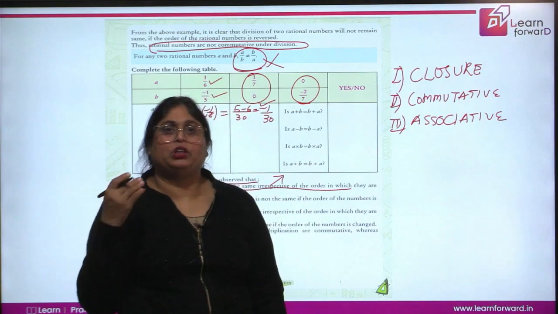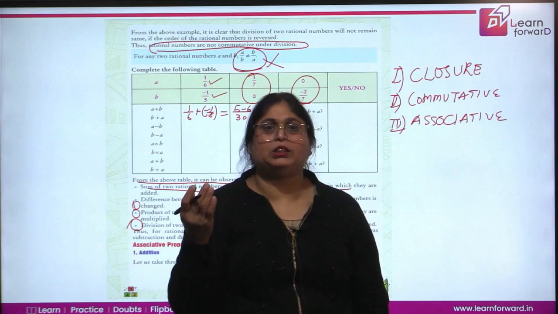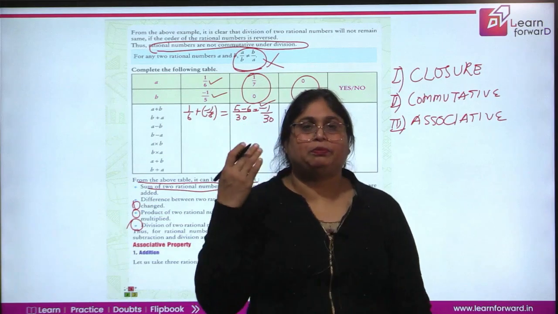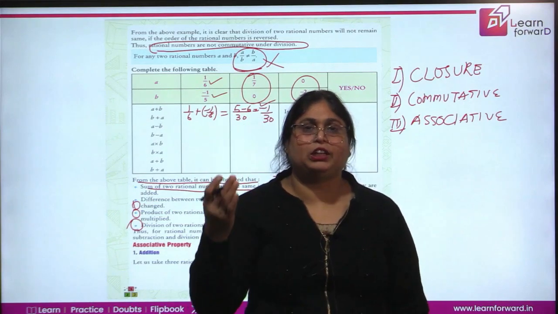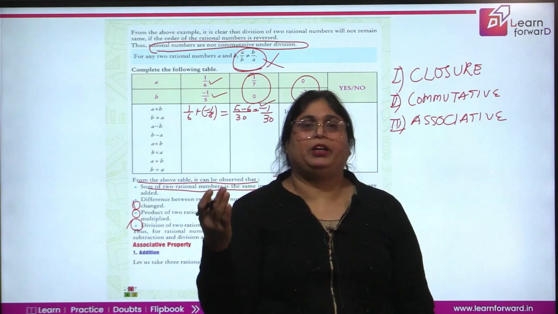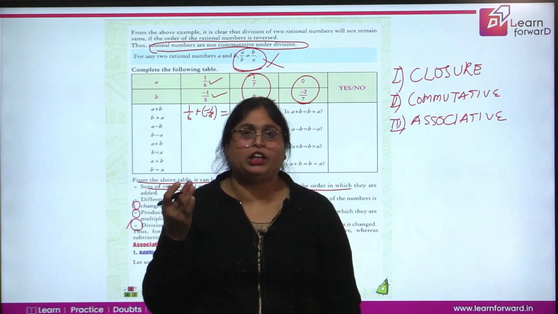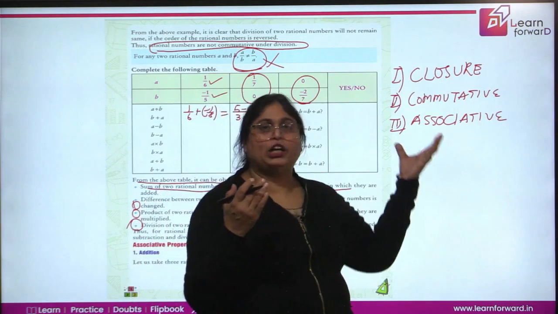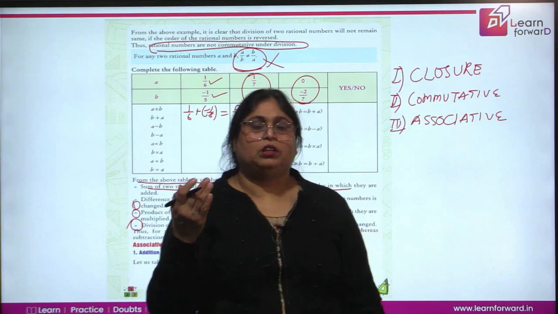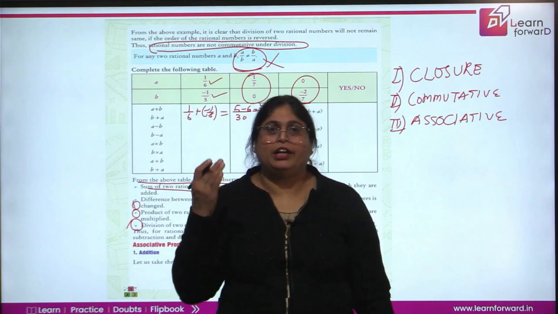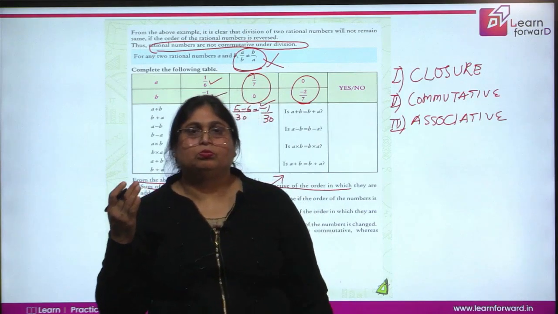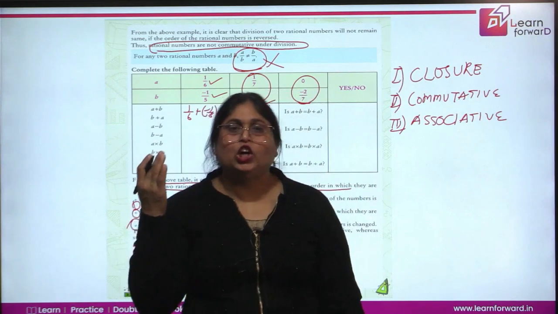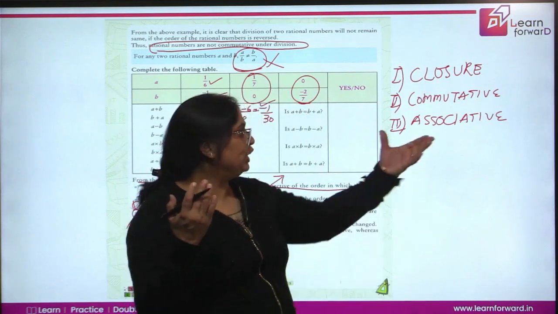For associative property, we have to take three examples of rational numbers and verify whether it is holding good for addition operation, subtraction operation, then multiplication, and the last, fourth operation, division. All the operations will be checked for the associative property of rational numbers. Are you getting my point? Any query till now? You are clear about closure property. Then the second one was commutative property. Third one will be associative property.